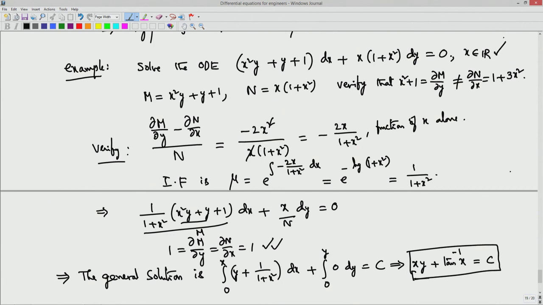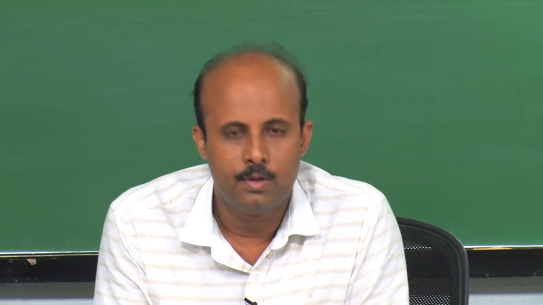This is a non-exact equation which we made into an exact equation, and then we solved with the procedure that we know already. So far we have solved some exact equations, and we explained the method of how to reduce certain non-exact equations into exact equations, so that we can integrate to get the general solution of the given first order ordinary differential equation.